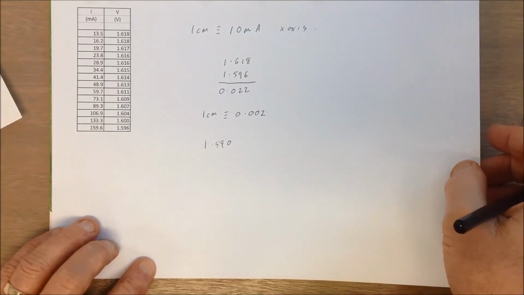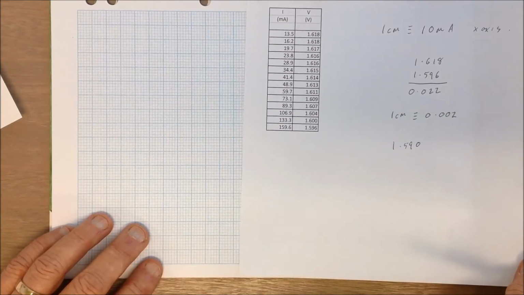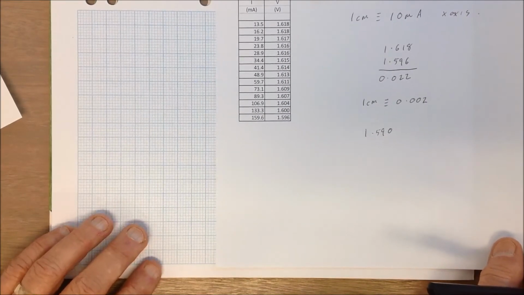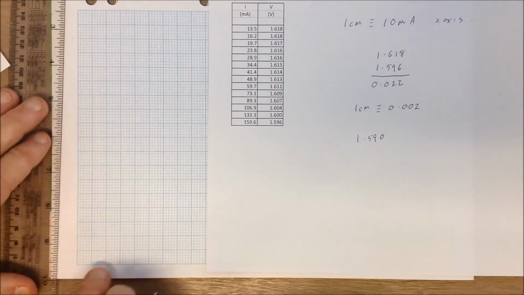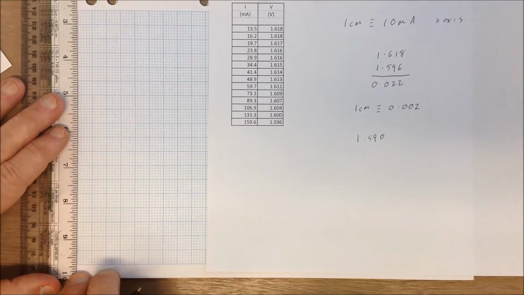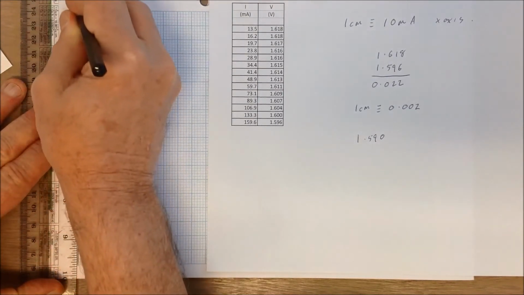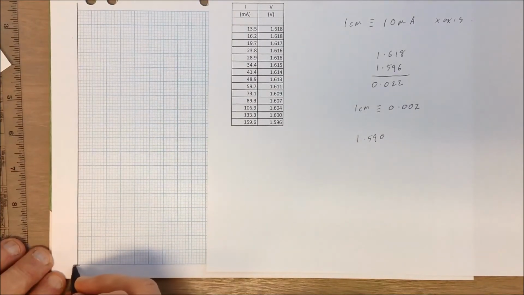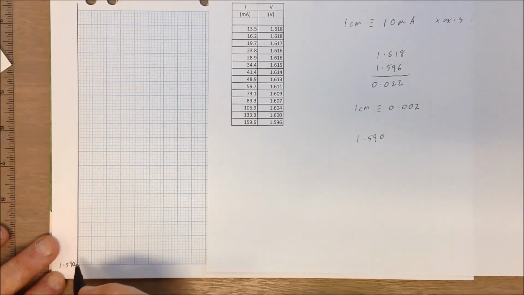So let's do that. Let's get a piece of graph paper, and I will draw the vertical axis up the page. There will be our voltage up there. We'll start here at 1.590, and we go up in steps of 0.002 of a volt.